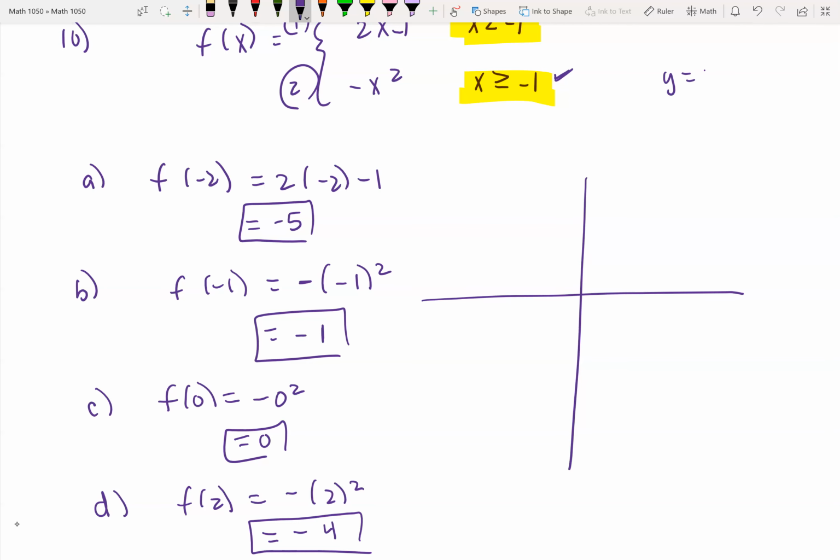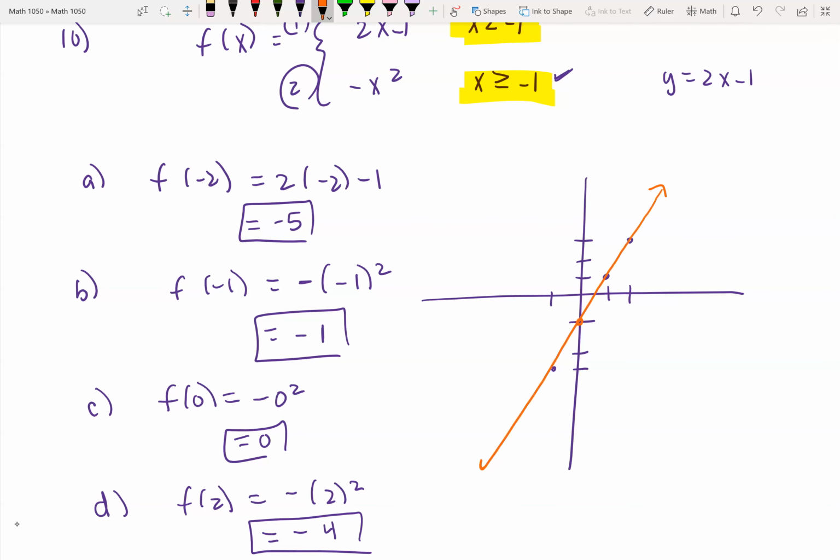So the first thing I'm going to graph is y equals 2x minus 1. So I'm going to go down 1, make a dot, and then I'm going to go up 2, right 1, up 2, right 1, down 2, left 1. There's your graph.